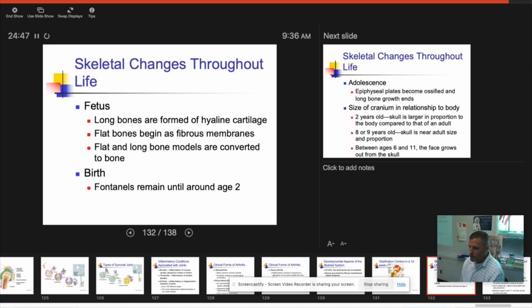Next thing that's kind of interesting, I think, is that adult head size is achieved pretty early in life.